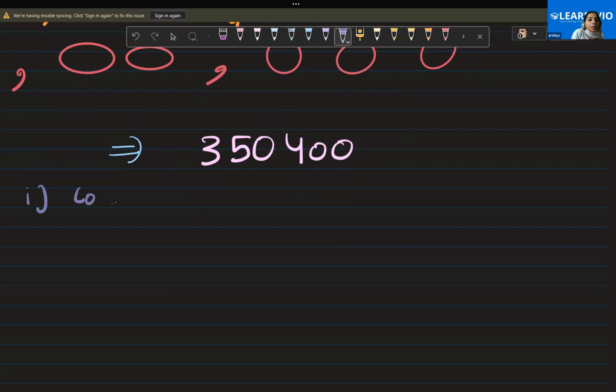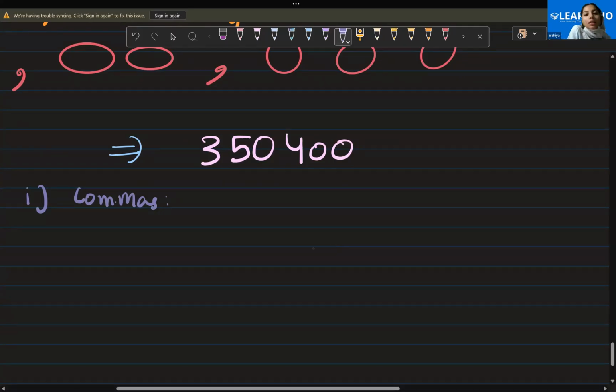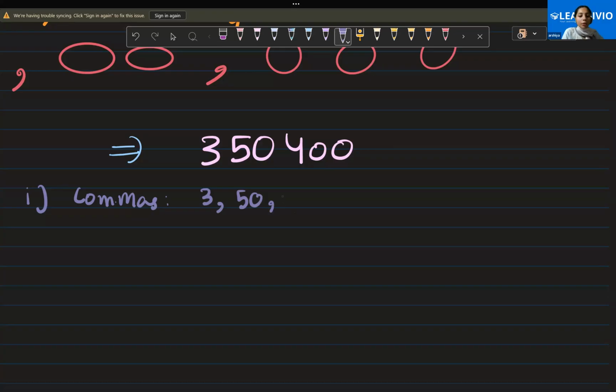Okay. Write down the number first. Now, can you tell me where should I put the comma? After 3, and after 50. Correct. So after 3 and after 50, I'll put the comma.